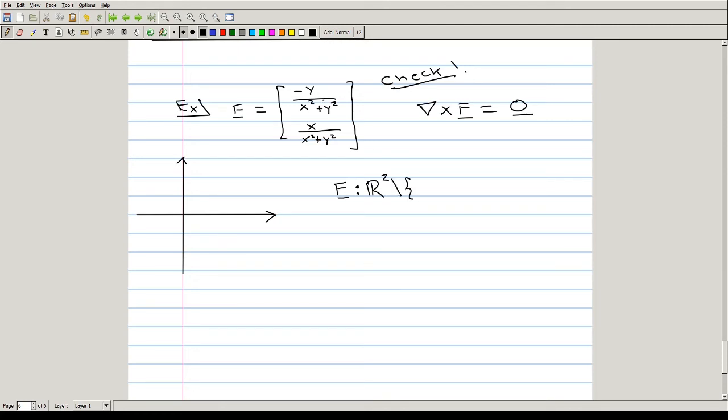This field is not defined at the origin. If you take the limit of either of these two component functions as x, y goes to 0, 0, you'll see very clearly that we have to remove 0, 0 from the domain of this function.